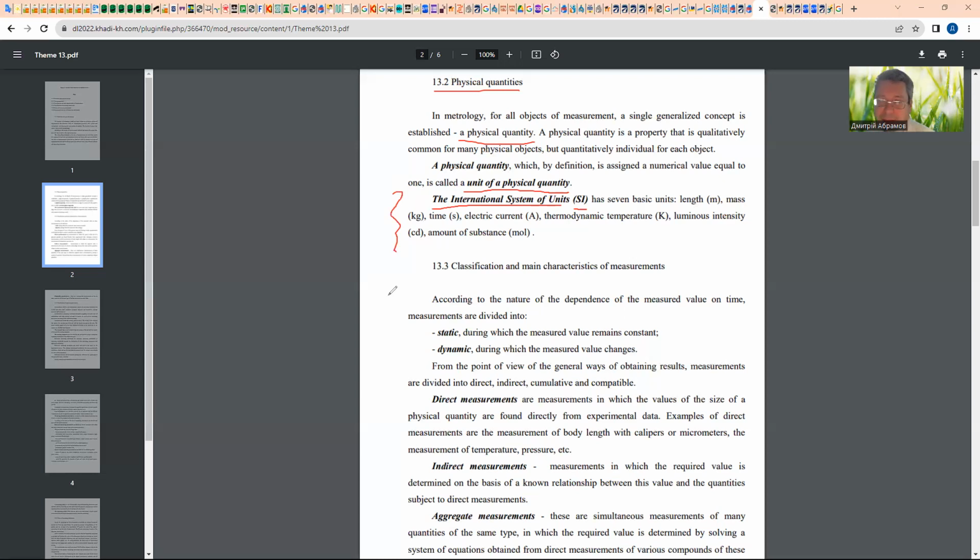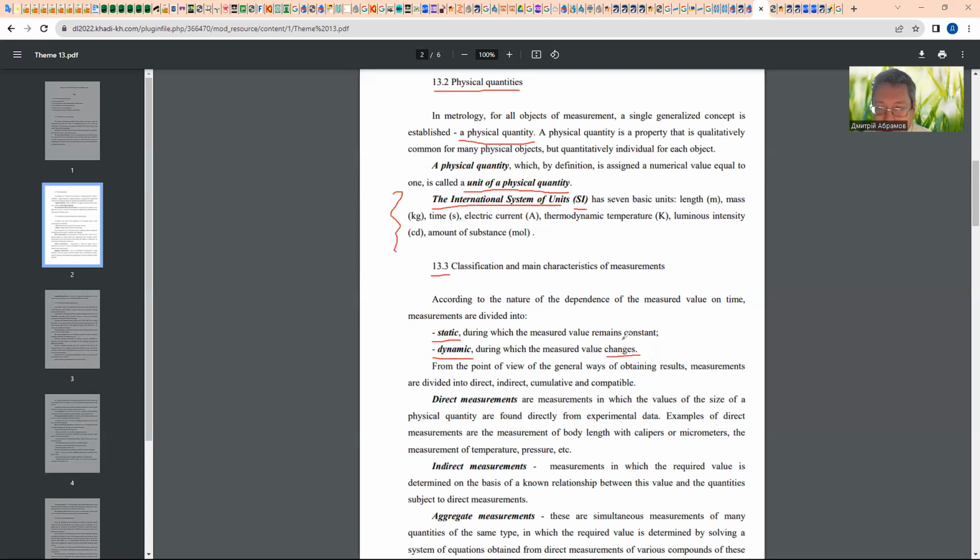And we start item 13.3, classification and main characteristics of measurements. According to the nature of the dependence of the measured value on time, measurements are divided into static, during which the measured value remains constant, and dynamic, during which the measured value changes.